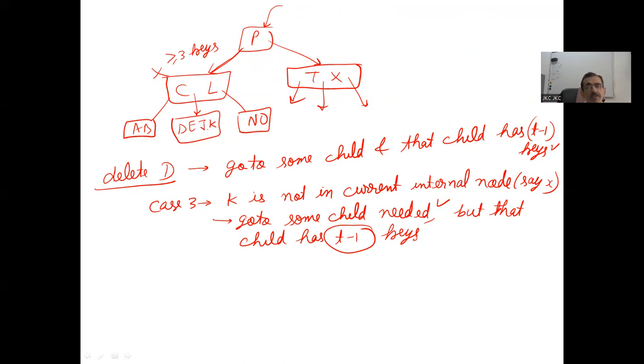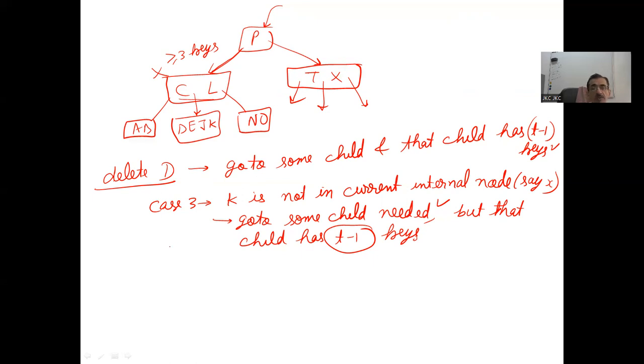Maybe, for example, I was trying to delete some value which could lead to reduction of a value from this node itself. Then instead of 2, it will be left with 1 key, and the number of keys cannot be less than T minus 1 at any stage. So we have to solve that.